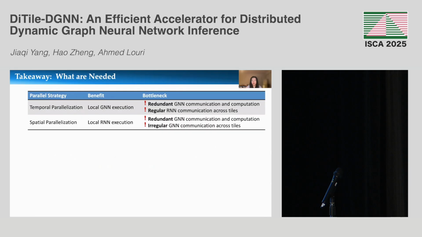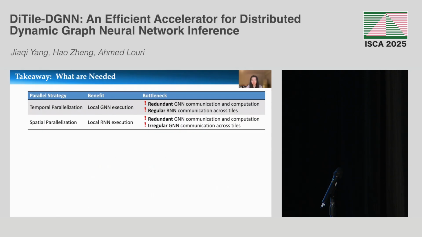Let's now summarize what we have learned so far. We analyzed two parallelization strategies, temporal and spatial. Temporal parallelization enables local GNN execution but suffers from redundant GNN communication and computation, and regular cross-tile communication in RN phases.